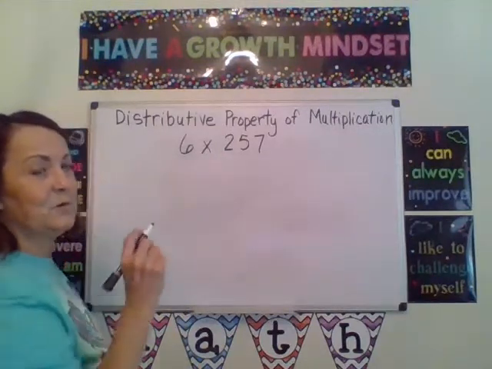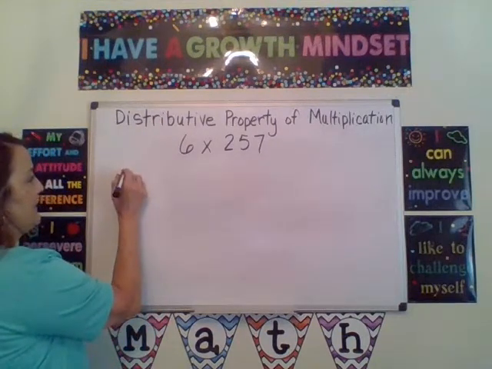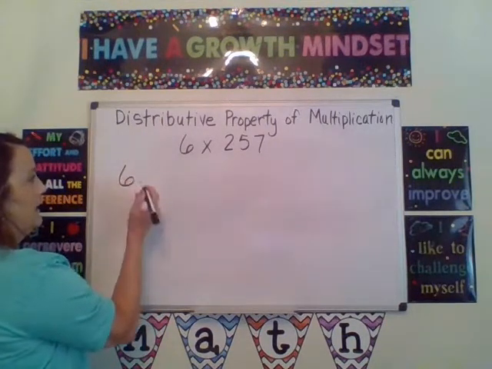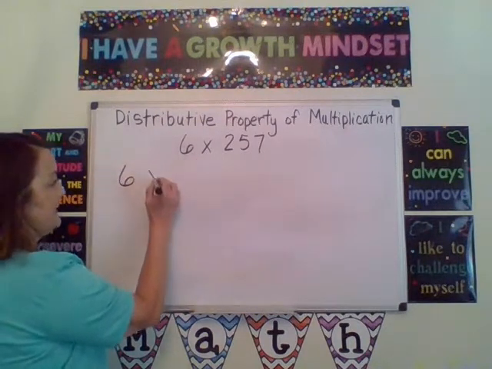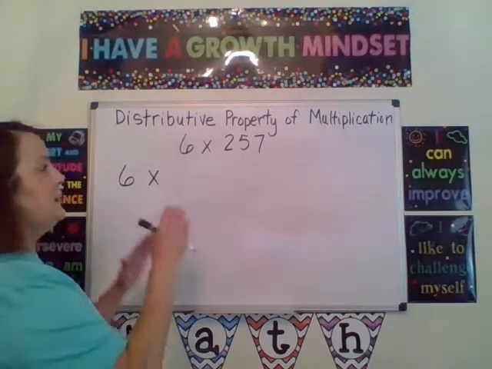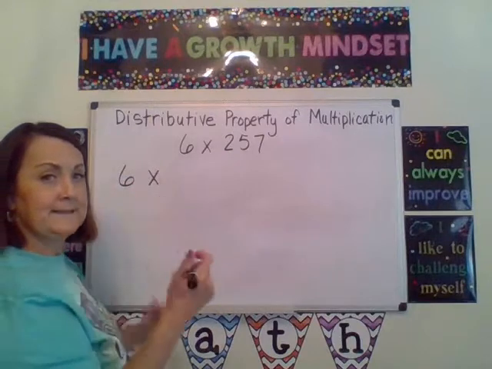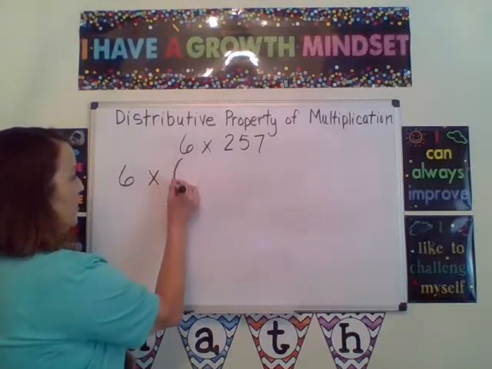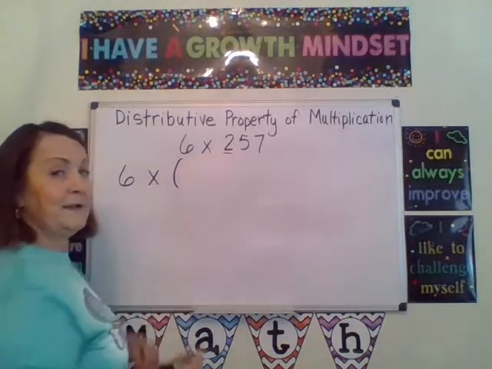First step, we're going to take the factor 6. I'm going to start over here to the left of my paper. And this is our operation. We're multiplying, so write times. And then what I want you to do is we're going to put this in expanded form, and we're going to put it in parentheses. So let's start with an open parenthesis. And let's expand the 2.